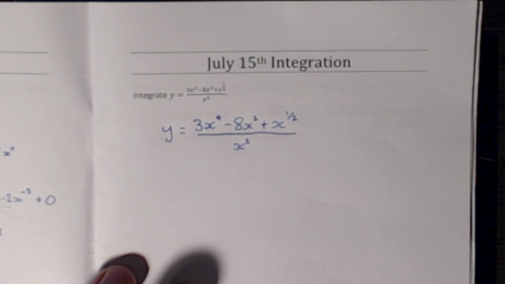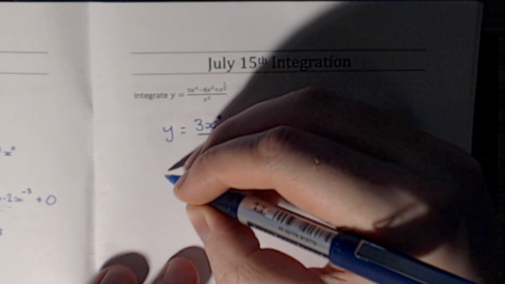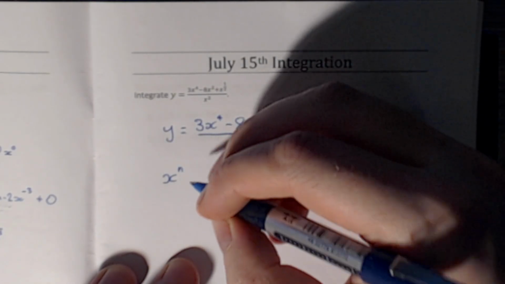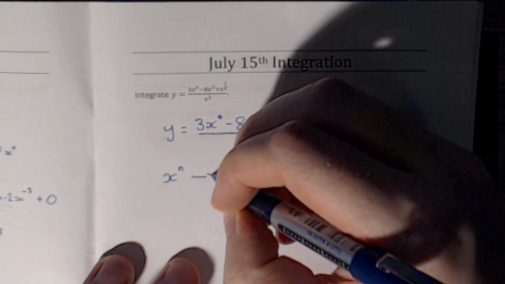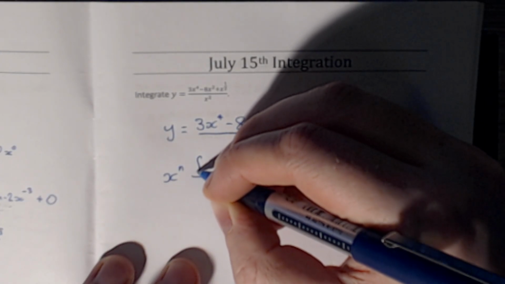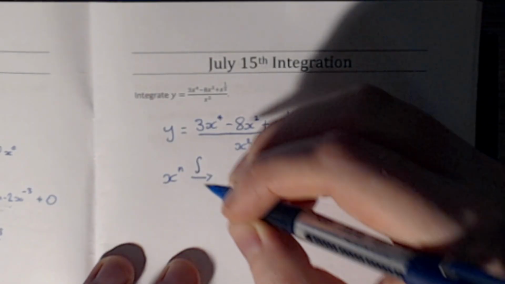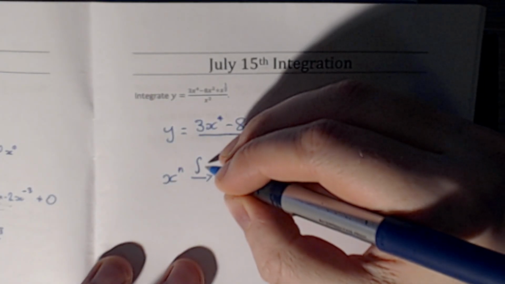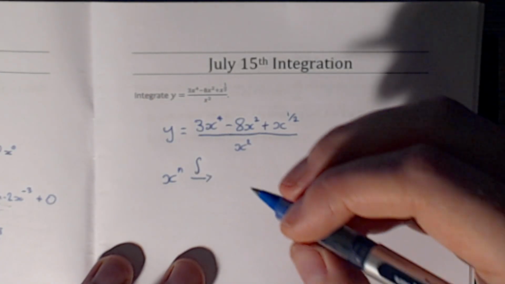Now, if you remember what integration means, in our formula, if I have some expression x to the power of n, and I integrate it, remember we write this S sign, this S stands for sum up, that links to more the application of integration.